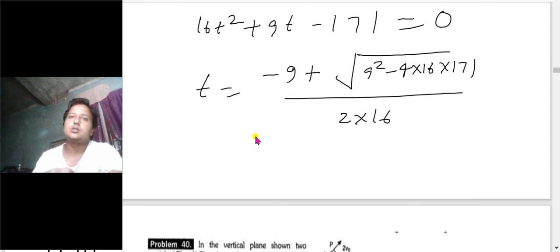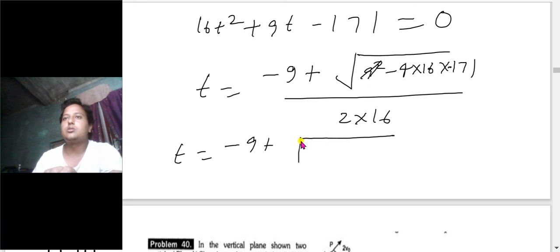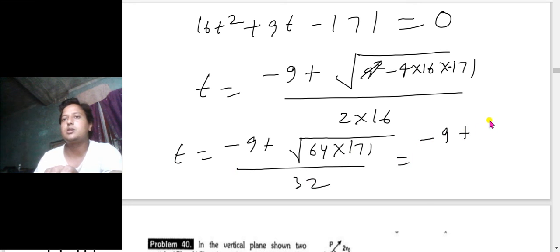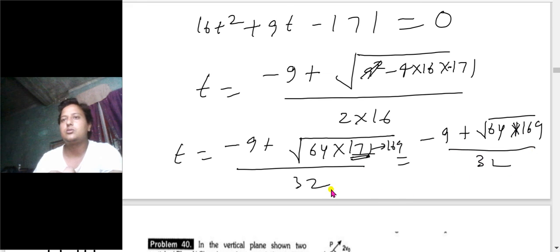So t is minus 9 plus, this is a negligible term, under root 64 into 171 divided by 32. So that is minus 9 plus 64, this is approximately equal to 169. 169 divided by 32.